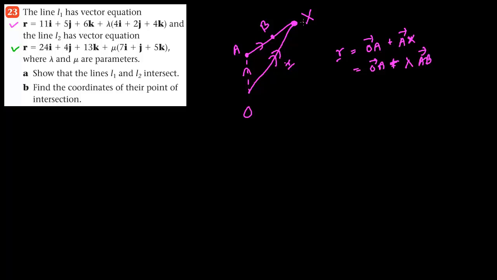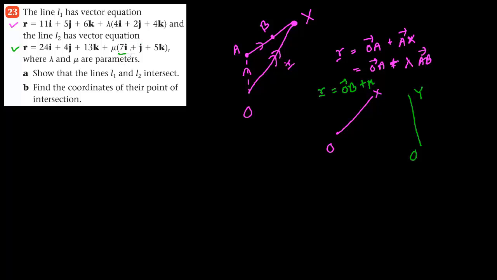So when we are talking about line L1, it's some sort of a position vector, let me call that OX. And when I'm talking about another one, L2, we're talking about another situation where you have OY, and in that case it is going to be mu. Suppose it goes to another point B, it would be OB plus mu times some other direction vector.